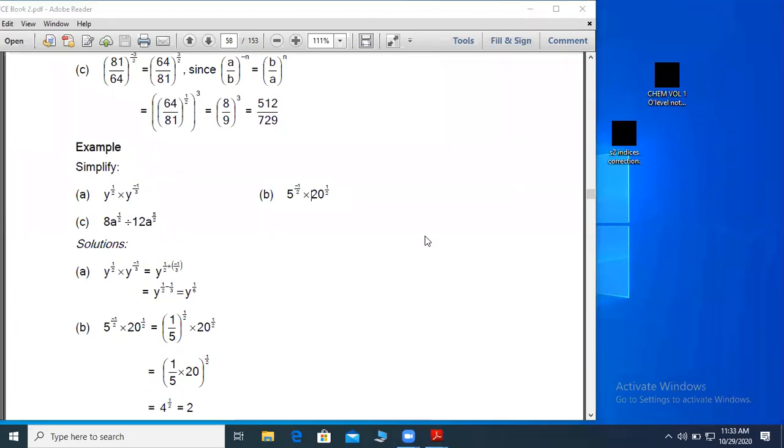Any number to the power of 0 is 1, so you'll have 1 times 4 to the power of half, and 4 to the power of half is the same as 2 squared to the power of half. And the final answer, 2 to the power of 2 times a half, will be 2. I think you have got it now.